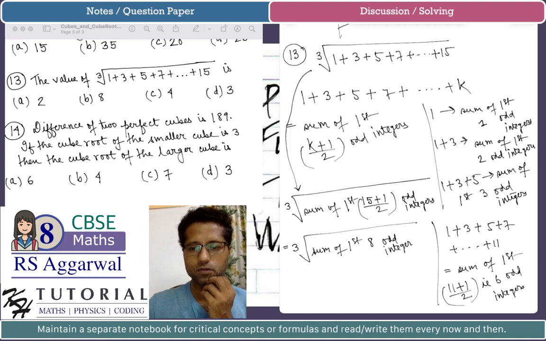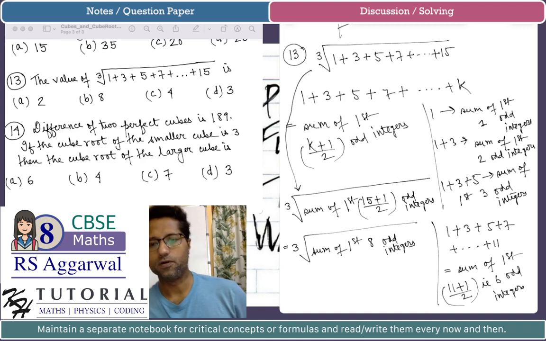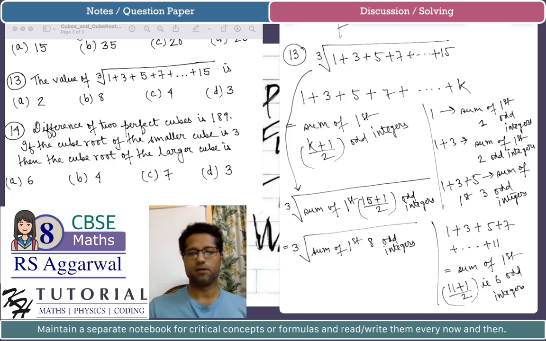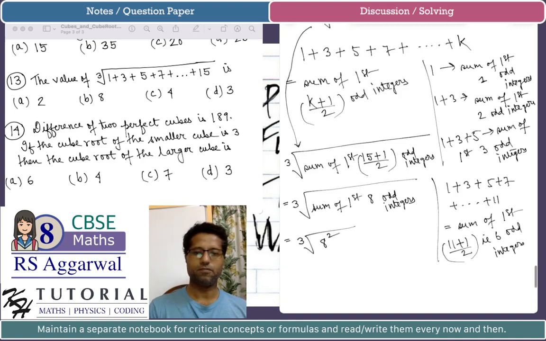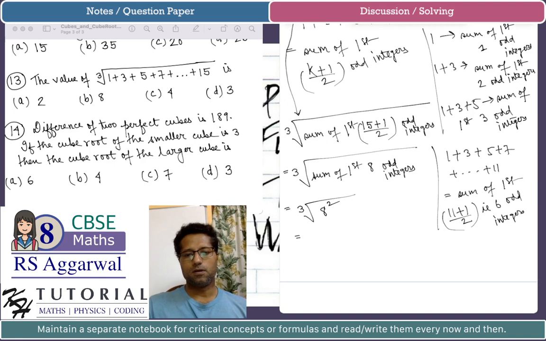And we know the formula that the sum of the first n odd integers is n square. So this will be equal to the cube root of the sum of the first 8 odd integers, which will be 8 square. Now 8 can be written as 2 cube, and we are having the whole square.